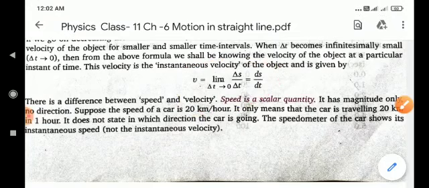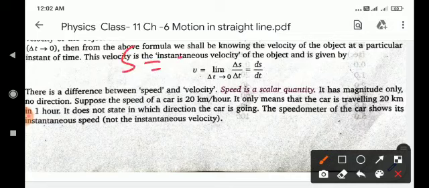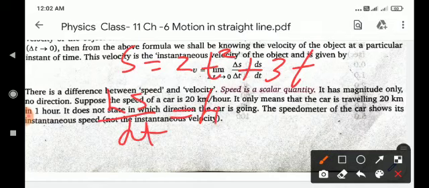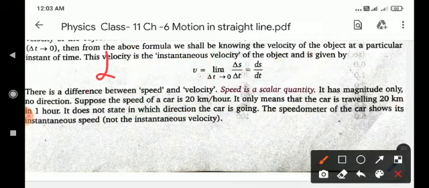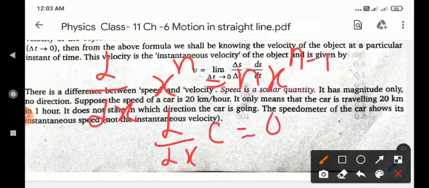For example, if s equals 2t square plus 3t, differentiating with respect to t, ds upon dt is equal to 4t plus 3, because we know the formula d by dx of x power n is n x power n minus 1, and d by dx of a constant is 0. It is the formula of ds by dt. Right?